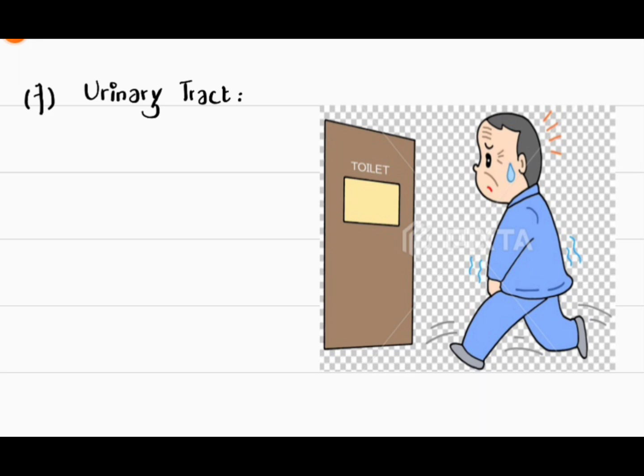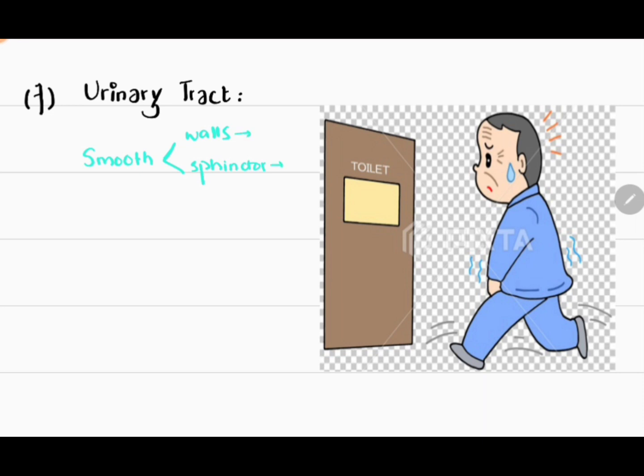In the urinary tract, we have two kinds of smooth muscles. There are muscles that are present in the walls, and there are muscles that are present in the sphincter. We have the detrusor in the wall and the trigone in the sphincter.